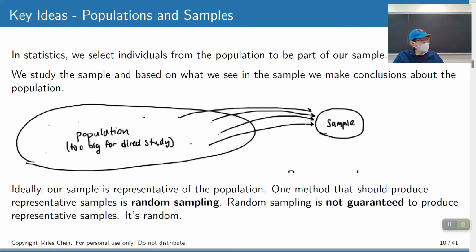Yeah. Random sampling is the logical equivalent of IID. Yes. So independent, identically distributed. The idea is when you select the individuals in your random sample, they're all coming from the same population.